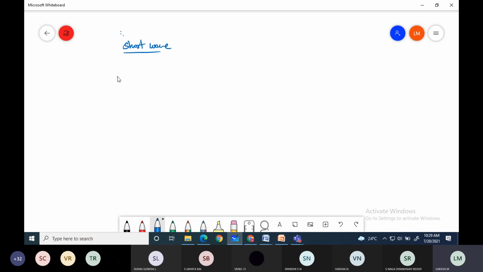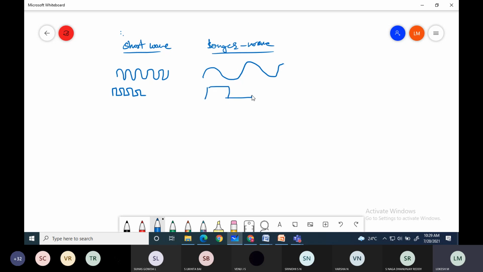Short wave means it performs like this. If it is a digital signal, it performs like this, and a longer wave performs like this. This is called a longer wave, and it can even perform like this. And this gives 550 meters, and this gives 500 meters.